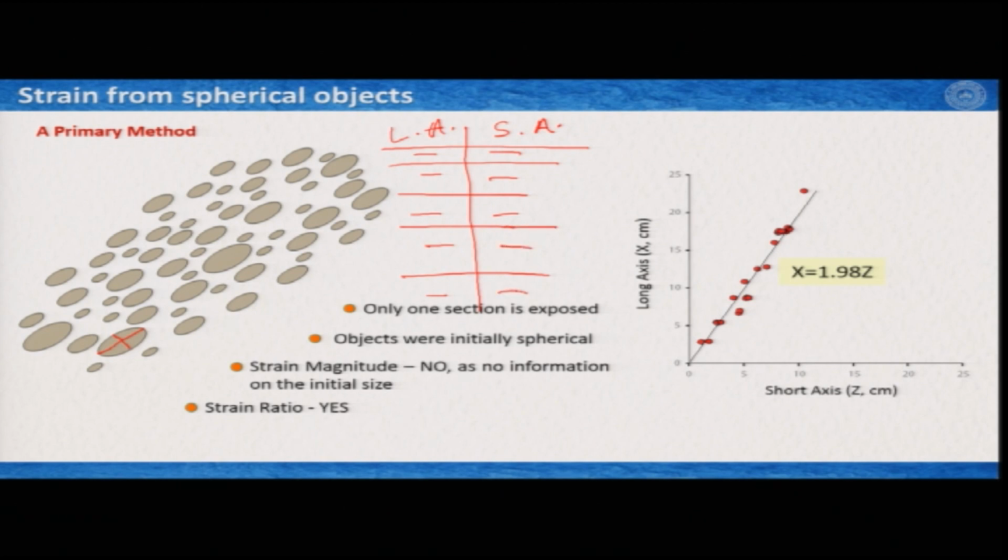Then if you plot long axis versus short axis, and this rock has any deformation, you should see a deflection from the 45 degree line. If it is 45 degrees, then x equals y, or long axis equals short axis, and therefore your spherical geometry is maintained. But if it is not, then you may have some deflection from the 45 degrees, and that may give you the very first, basic, first-hand idea of the deformation.